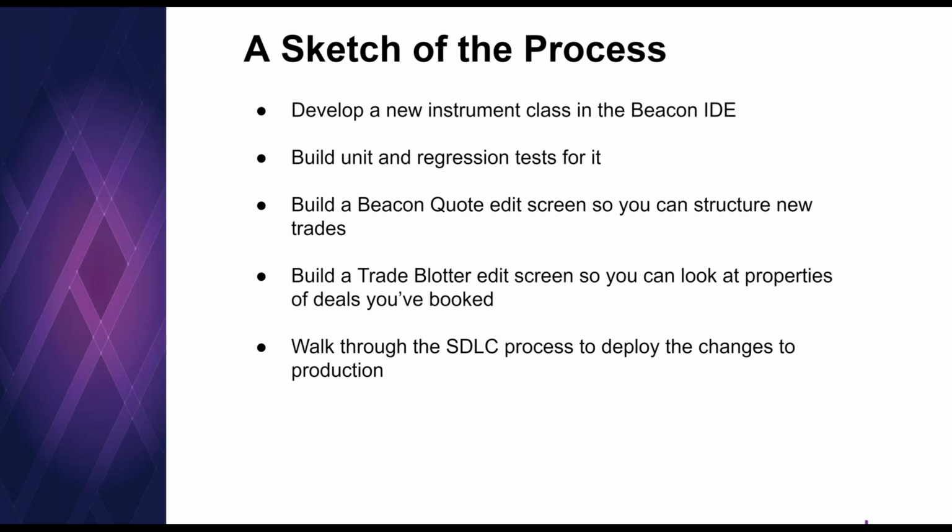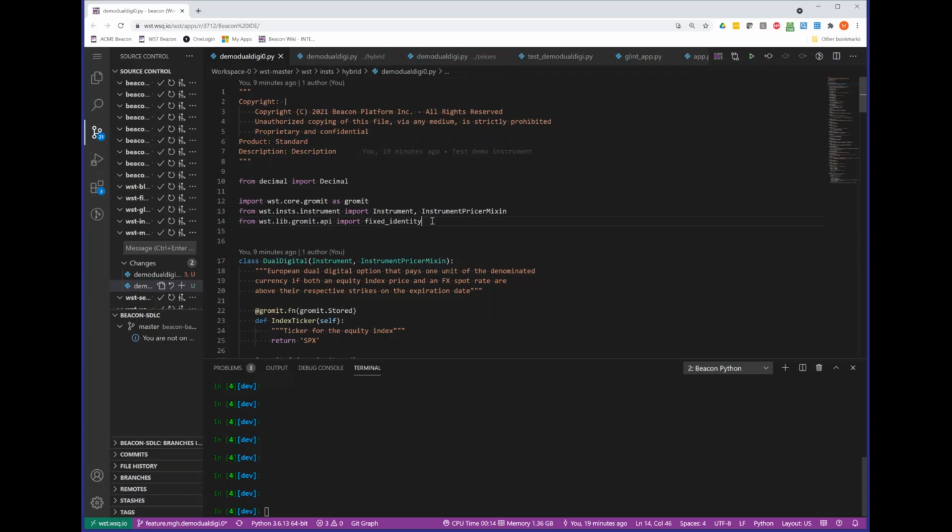This is all going to be in a development area. And then the last step is showing how to use our SDLC, our software development lifecycle tools that are built into our IDE, to deploy these changes into production in a really easy way. So let's switch over now to our IDE, and we can jump in and see how this all works.